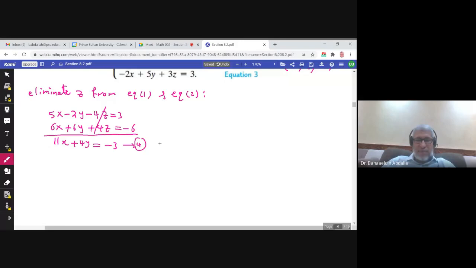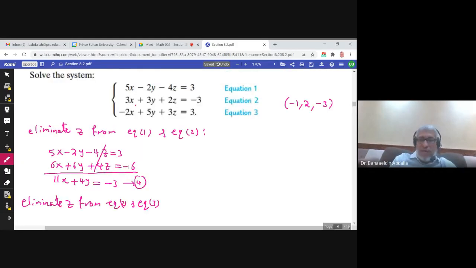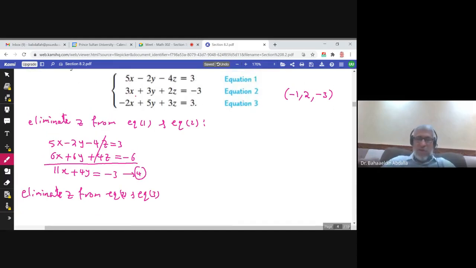The second step, eliminate also z from equation 2 and equation 3. You can take 1 and 3. It is up to you. Okay, I will take 2 and 3. Now the coefficient of z here is 2, here is 3.